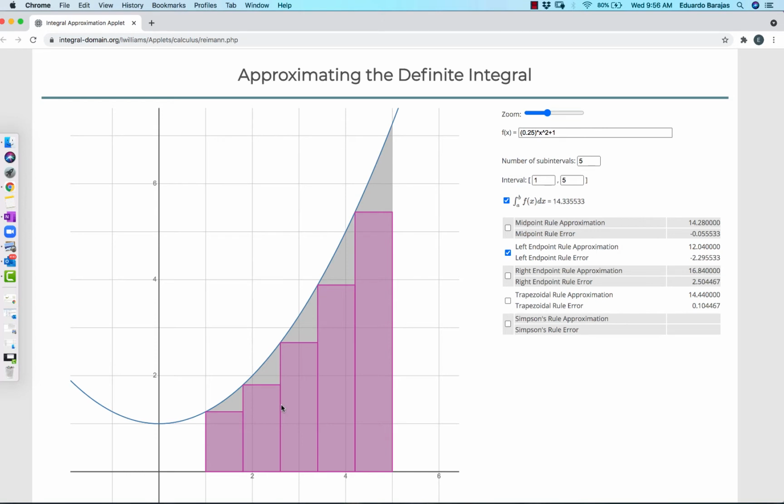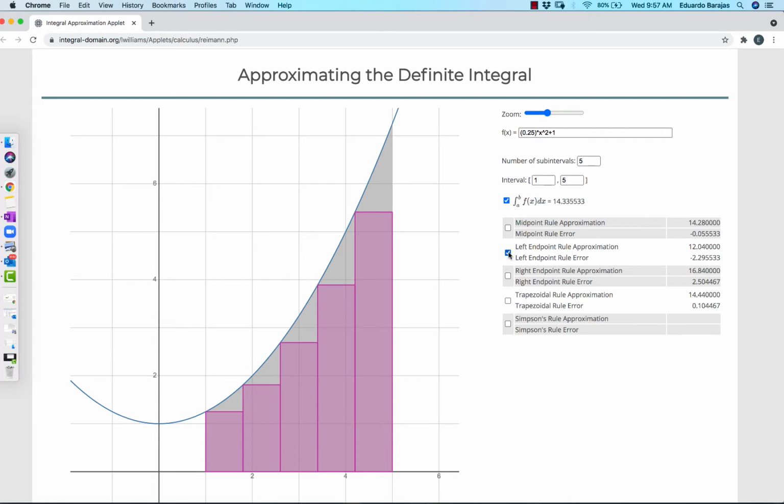Obviously, not a perfect approximation. There's a lot of area missing. All this gray stuff right here, it's almost a triangle, not quite because it's kind of curvy, but this almost triangle shows us all the area we're missing. The sum of the 5 red rectangles is definitely less than the real answer.